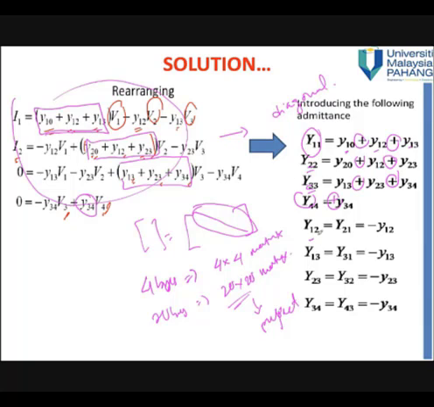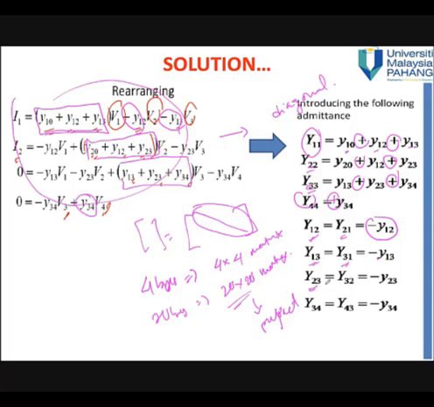Okay, this one, the off diagonal, Y12 is equal to Y21. It is represented by negative Y12. And then Y31 is represented by negative Y13. So this one is off diagonal.